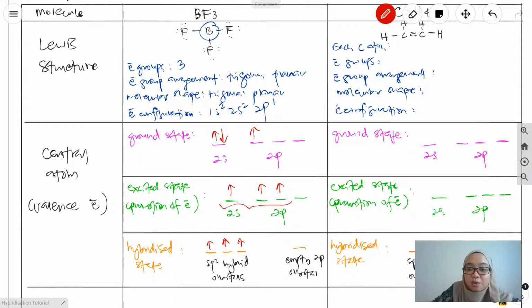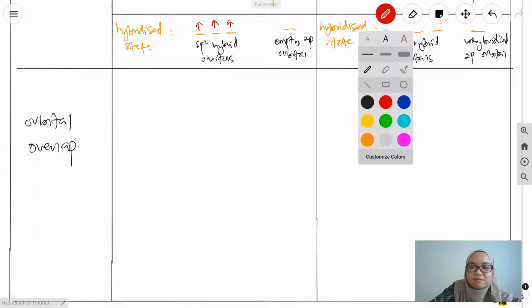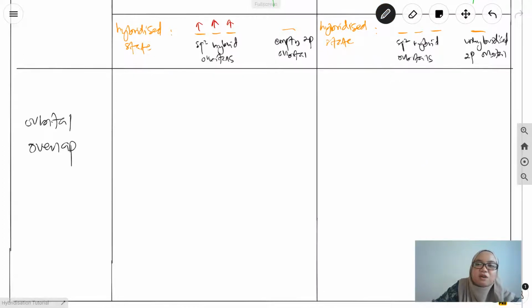Now we are going to draw the orbital overlap. To draw it, we need to draw the central atom's hybrid orbitals. We know the sp2 hybrid orbital shape is trigonal planar, so we draw the trigonal planar shape here, here, and here. So this is B.